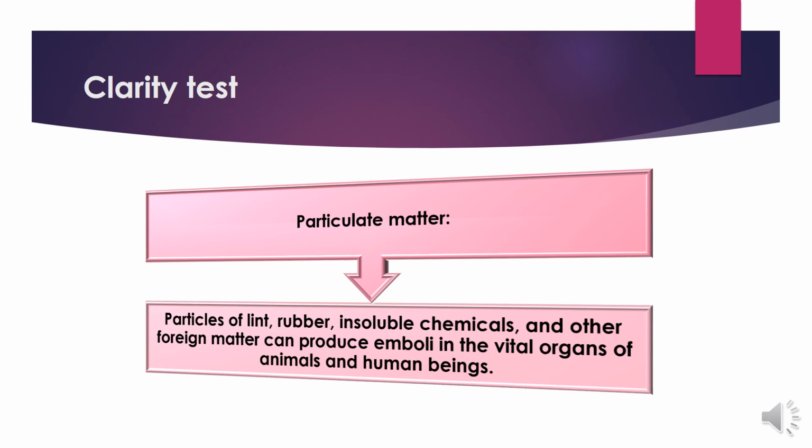These shouldn't be present in the parenteral preparation because they can produce emboli in the vital organs of animals and human beings. These particulate matter have the possibility to make emboli, which are going to block the veins and the arteries in humans or in animals.